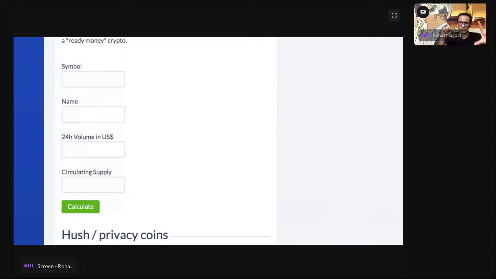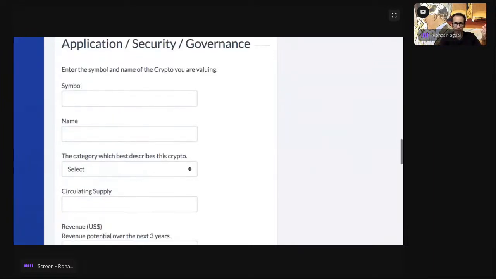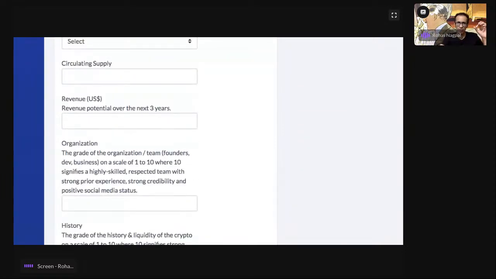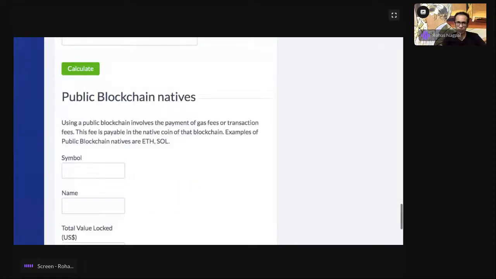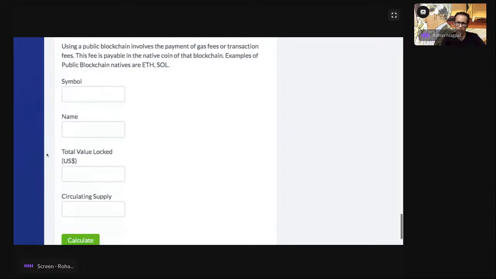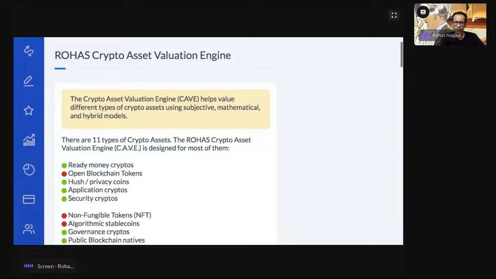For a Bitcoin kind of thing, I go more on the volume that it has done in the last 24 hours, and based on that, the system calculates. Again, similar for privacy coins. And then for others, I use something called the ROHAS method, where I look at the revenue model, organization, history, algorithm, and social parameters, and based on that, it does the calculation. And then for public blockchain natives, I go on a concept called TVL, or total value locked. This is again something that I'm going to cover in my token economics course. So I'll definitely let you guys know as soon as I announce that course. I hope that part is clear.